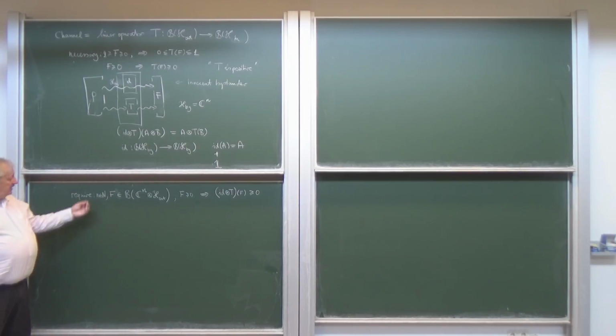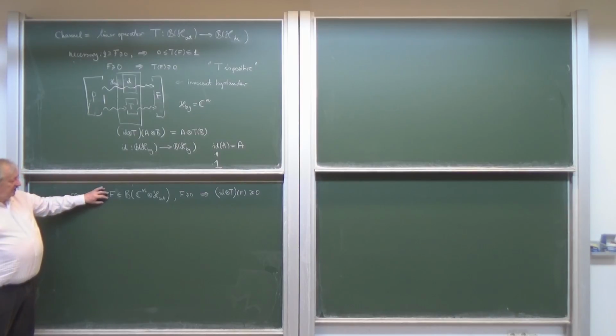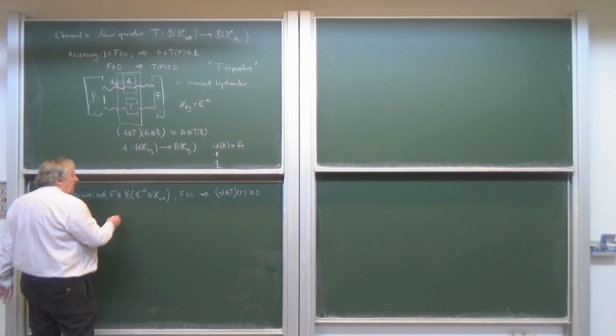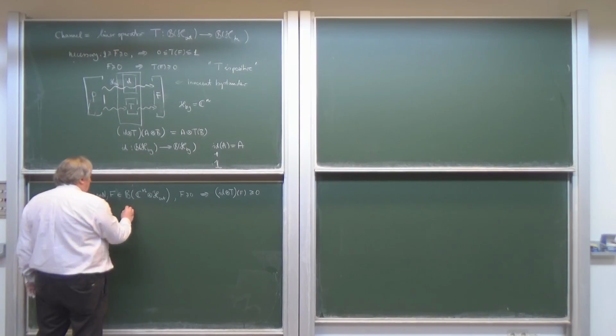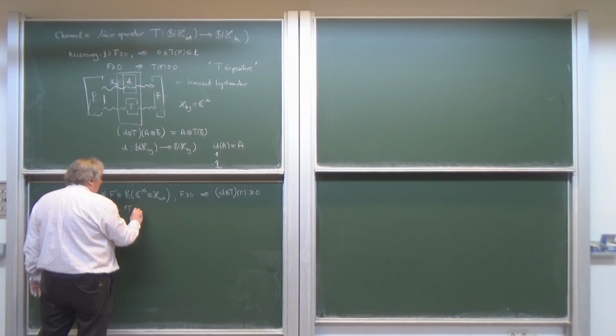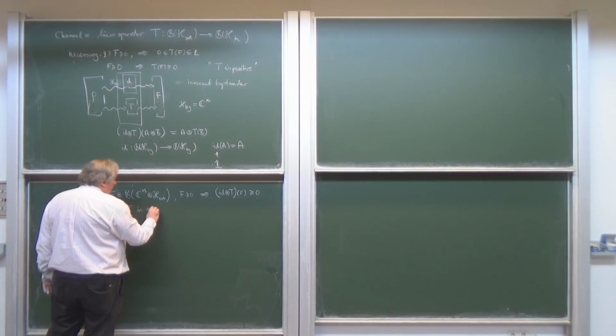So actually if this holds for a particular n and arbitrary F, the corresponding operator T is then called n-positive. Right? And if it's true for all n, then T is called completely positive.